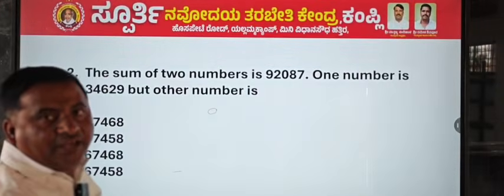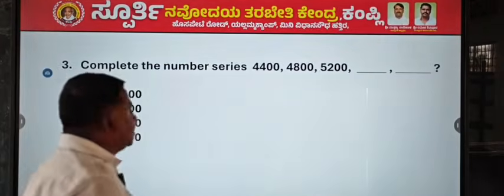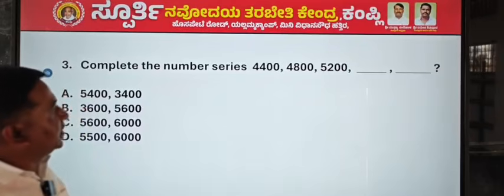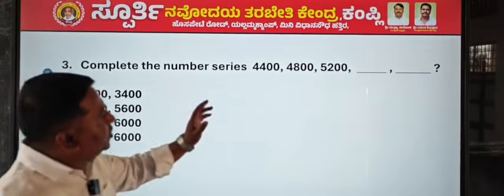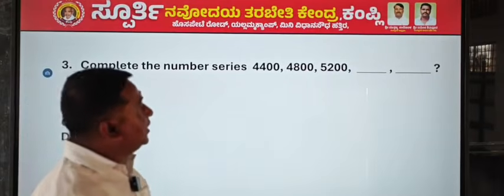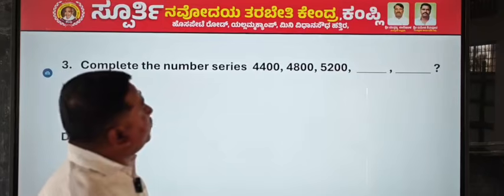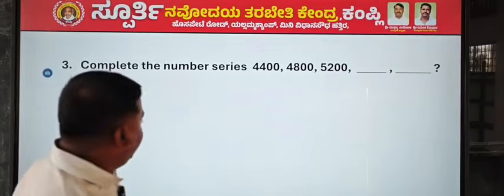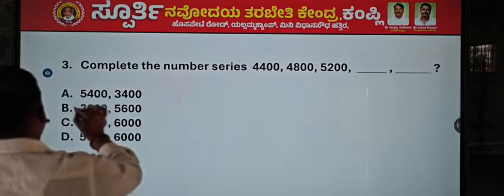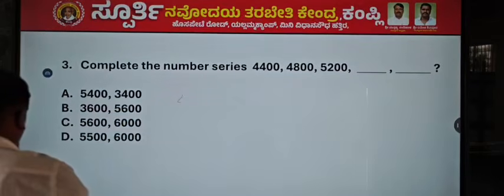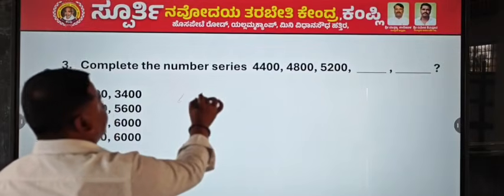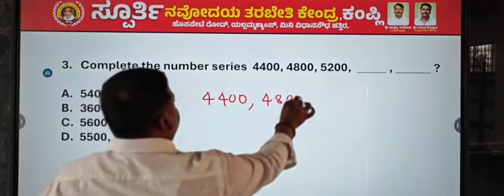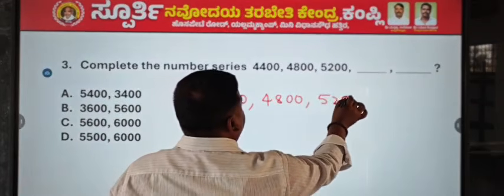Okay, let us move to question number three. Student, read the question properly, then you will know how to write the answer. This question is a series. First, observe number 1, number 2, number 3. From number 1 to number 2 there is a 400 increase, and the third number again a 400 increase. The series is like this: 4,400, next 4,800, next 5,200.